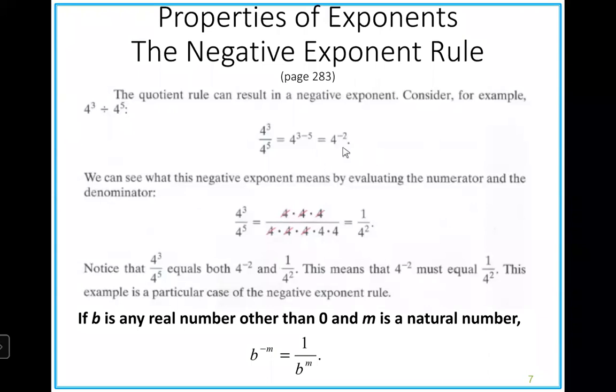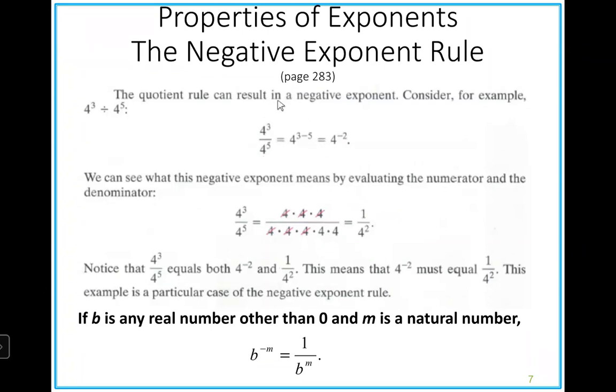But if we were to work this out, evaluate it, and expand the terms, as you see shown here, 4 to the 3rd is 4 times 4 times 4, and 4 to the 5th is 4 times 4 times 4 times 4 times 4. If we cancel out, you end up with 1 over 4 to the 2nd power. So the same question is being done.